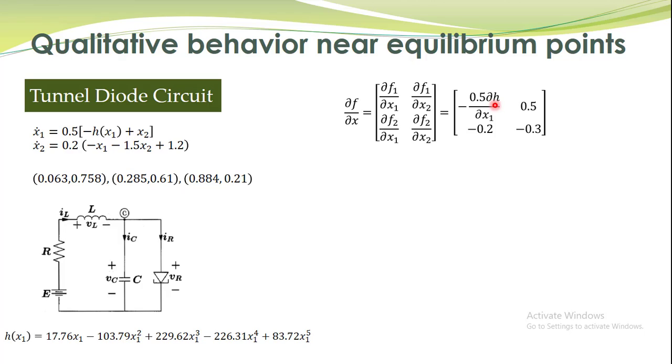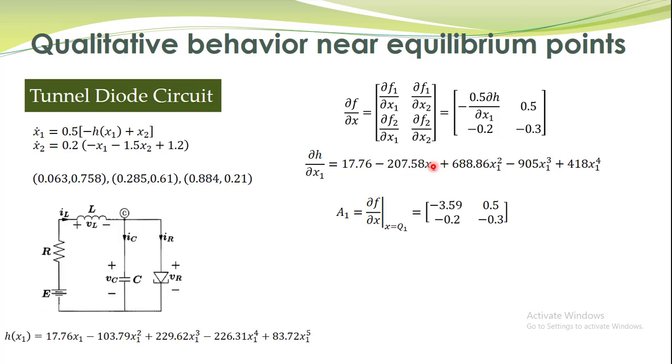What is this thing, partial h over partial x1? It can be evaluated from here: it is 17.7 minus 2x1 multiplied by this thing, as written over here. You can easily evaluate this partial derivative of h with respect to x1.